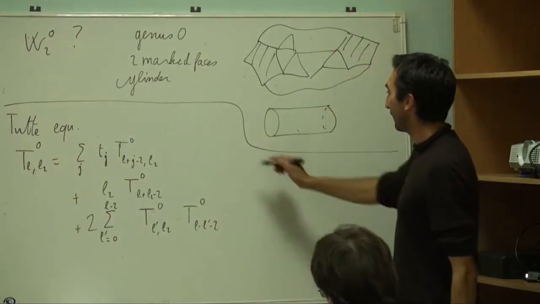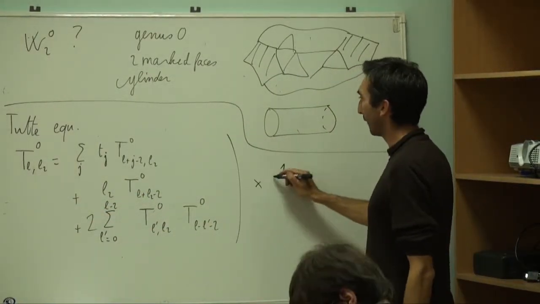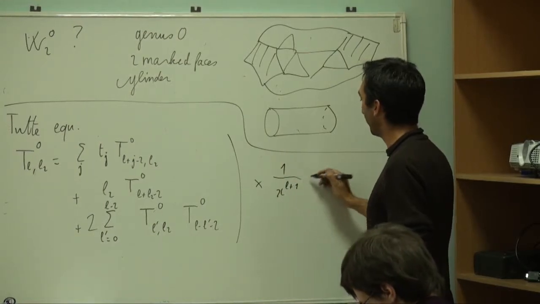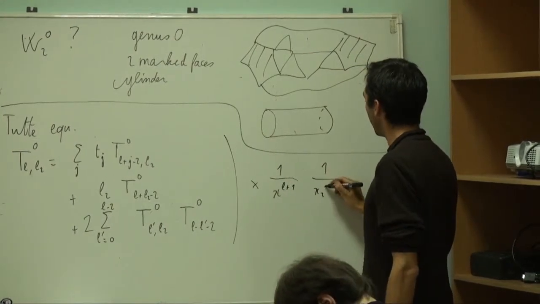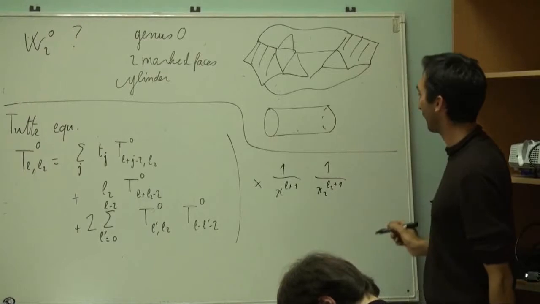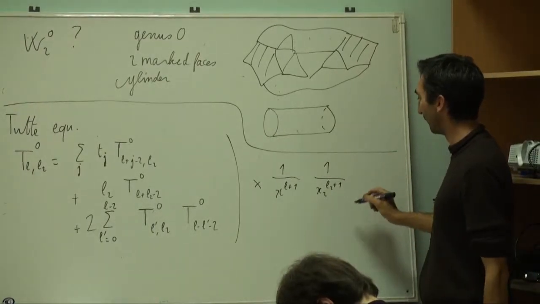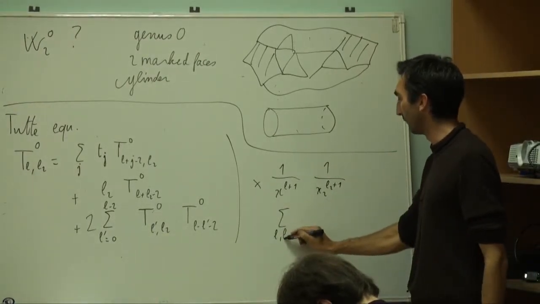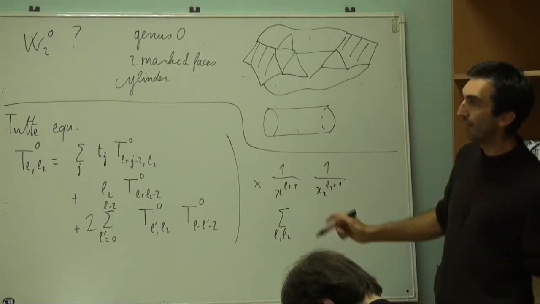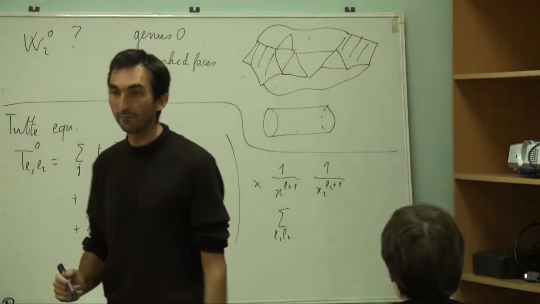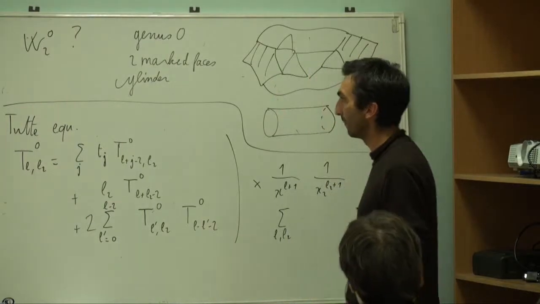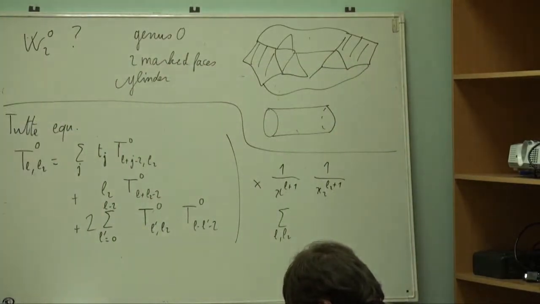You can take this equation and multiply by 1 over x to the L plus 1 and x2 to the L2 plus 1 and sum over L and L2. That will give an equation for W20.